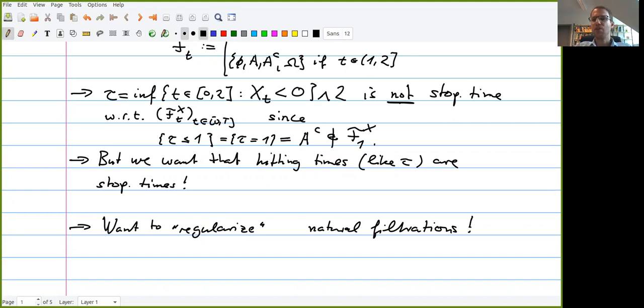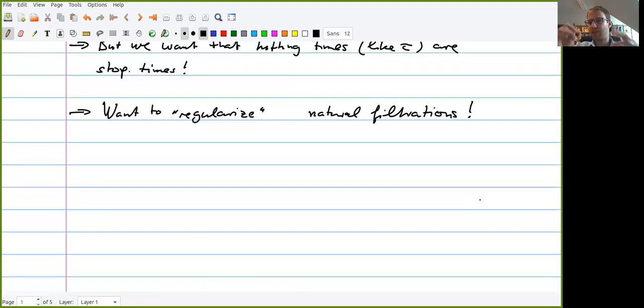Okay, so how can we do that? I mean, this is a standard thing we want to do. The first thing you might have seen in some probability courses already is that you want to include the null sets. Right, and this is why we want to have a completed probability space. So let me recall how I label the null sets.